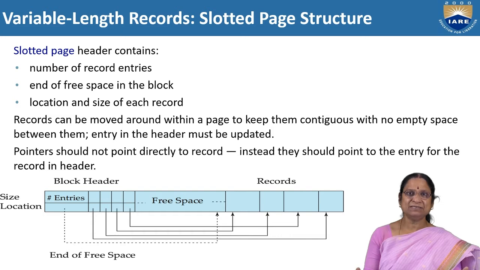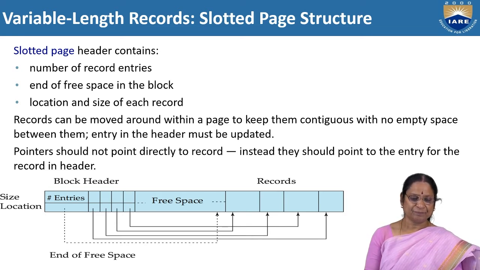So a page means some amount of memory. We represent that particular page as a slotted page. Each page consists of a number of records depending upon the size of the page and the size of the record. So how will you arrange your records in each page?